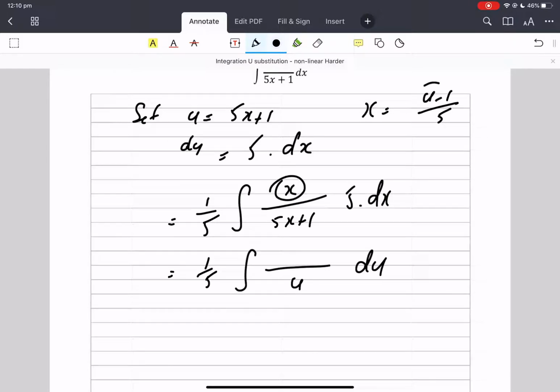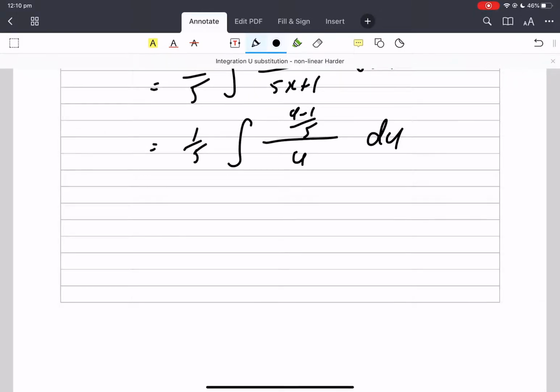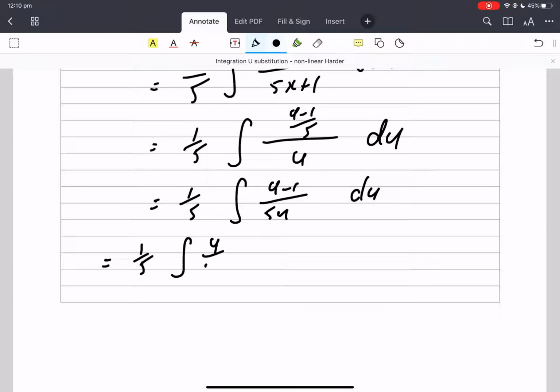So that x is, typical of leaving myself not enough room. Merge those denominators. u on 5u, that's du.